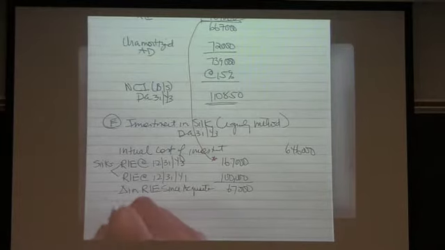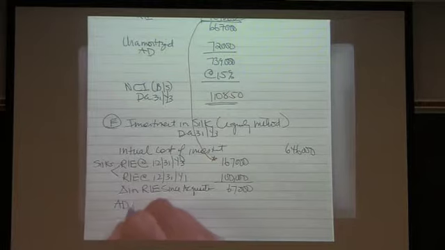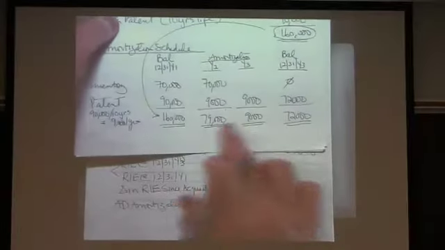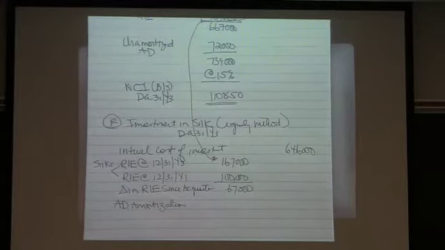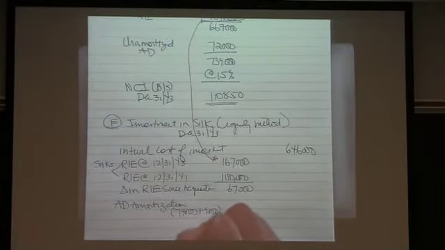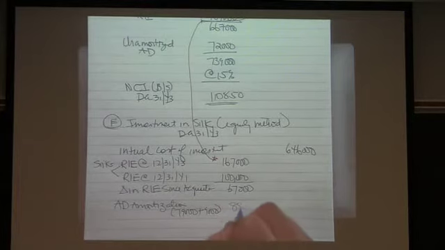Now, what was the acquisition differential, the AD amortization? Again, let's go back to the AD amortization schedule. We amortized 79 and 9. So that would be 79,000 and 9,000. So that would be 88,000.